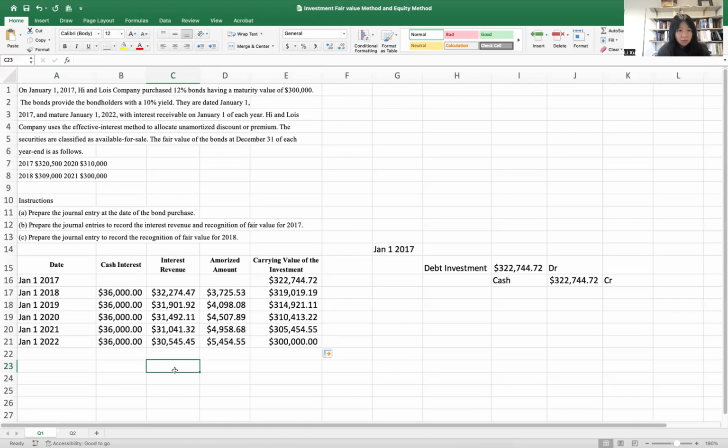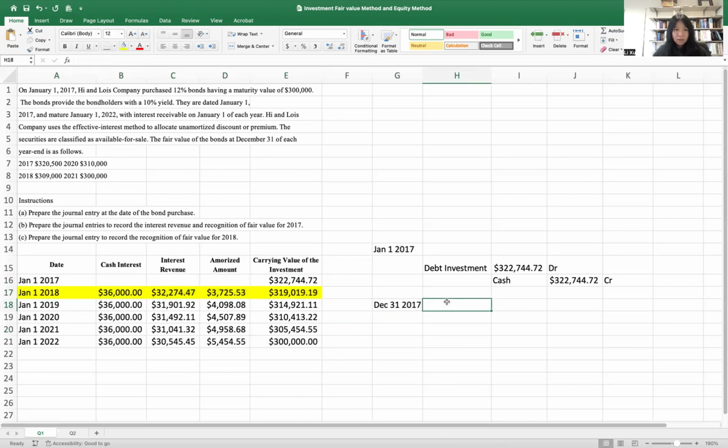And now we also need to do another journal entry to recognize the interest revenue. For this year, we do have to do it in December 31st, 2017. So the journal entry we're gonna have is based on this highlighted row.